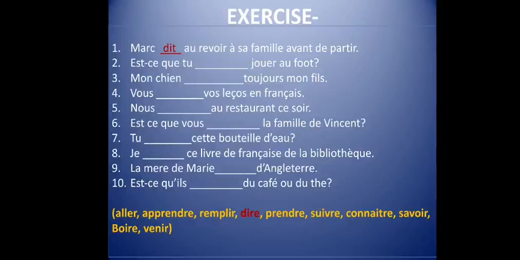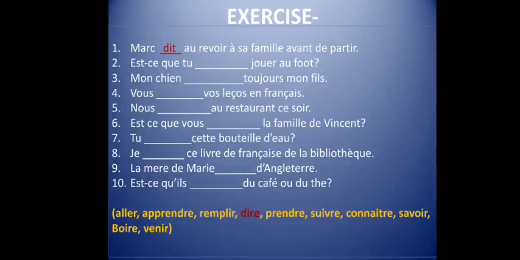Now here we have two verbs which have the same meaning. Connaître and savoir. So how will you do the fill in the blanks? Both the meanings are the same. Connaître and savoir. Both mean to know. The verb connaître you are going to use where you know about something or someone.